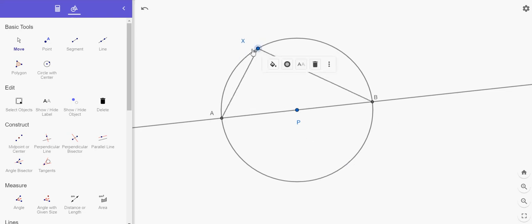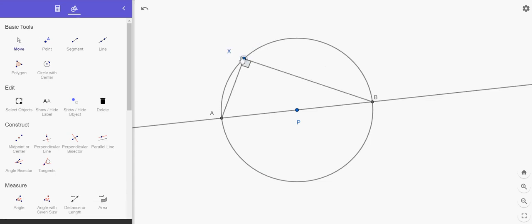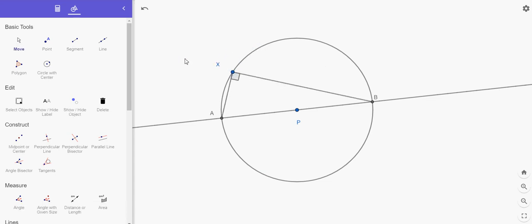Therefore, the measure of X has to be half the measure of this arc, but a semicircle has measure 180 degrees, which makes this a right angle. So another consequence of the inscribed angle theorem is that an inscribed angle that intercepts a semicircle must be a right angle. So all of these angles are right angles.